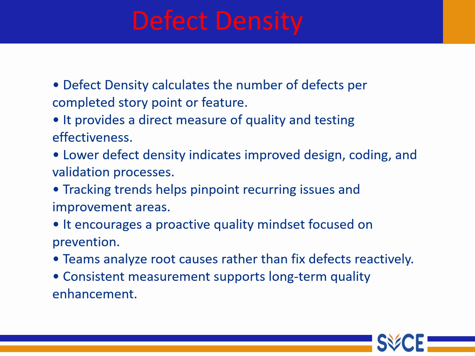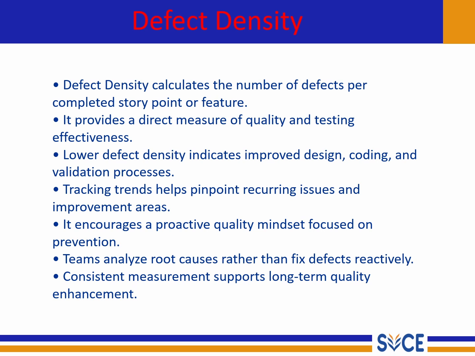When the defect density is low, it means our design, coding, and validation processes are strong. We are building things right the first time, but if defect density is high, it is a signal that something in our process, maybe design, testing, or communication, needs to be improved.